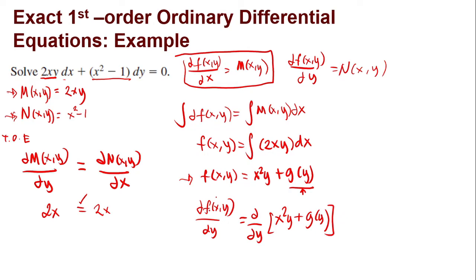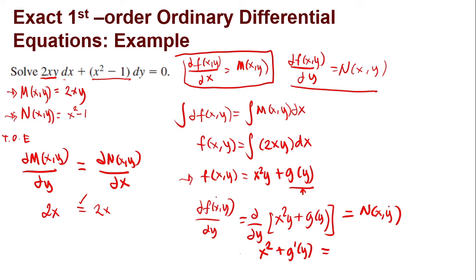If you notice, this is our second assumption, so we can equate it with N(x,y). The partial derivative gives x squared plus g prime of y.